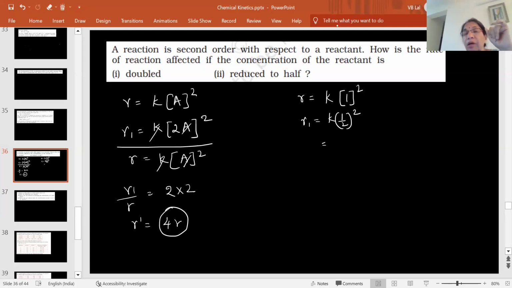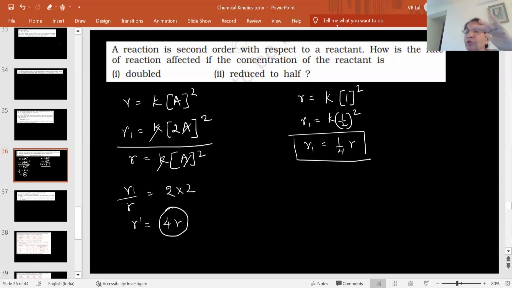So what will that become? 1 by 2 into 1 by 2, it will be 1 by 4 times of the initial. So R1 will become equal to 1 by 4 into R, right? The new rate will become 1 by 4 times, 1 by 4 of the initial rate of reaction.